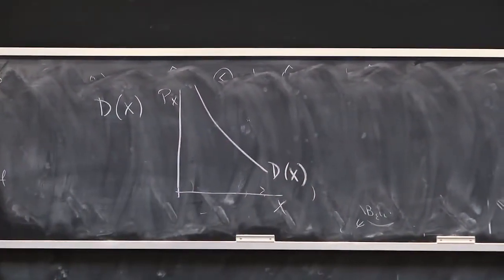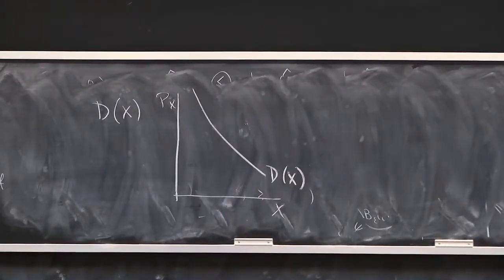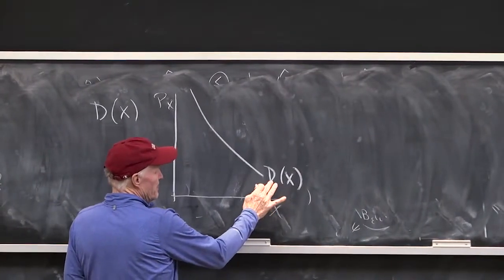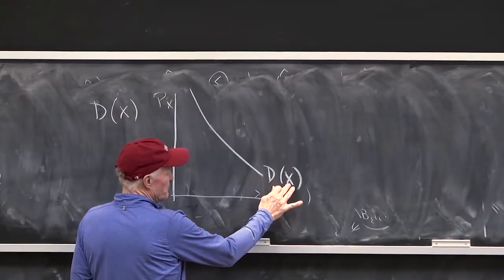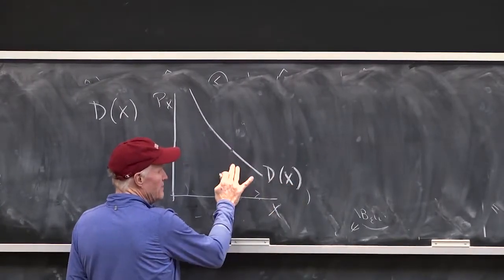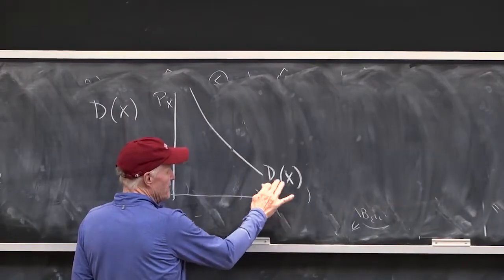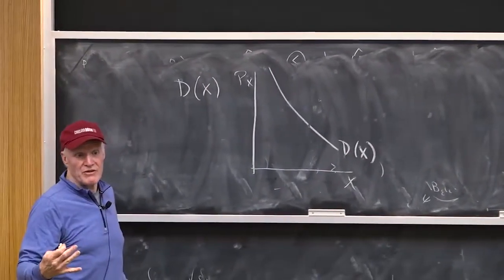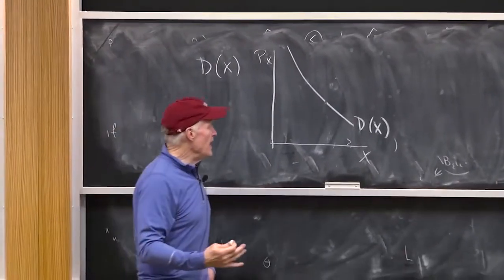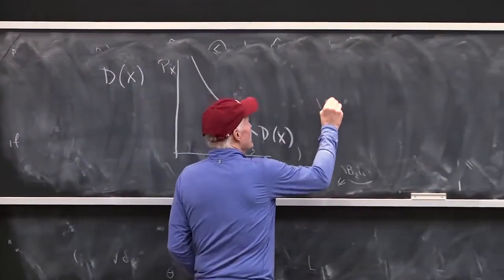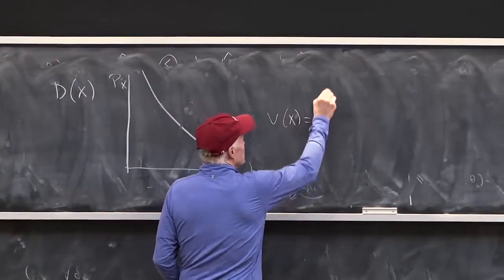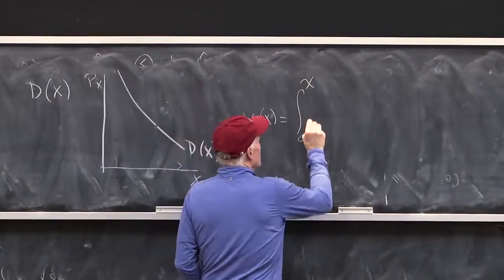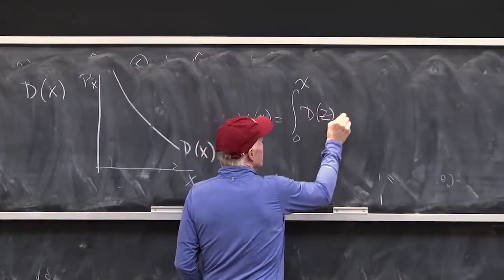So this is an inverse demand function, right? Because if it's a function of the quantity, this gives you the height of the demand curve at a given point for a given quantity x. Think of that as a marginal value schedule. Then you can define v of x equals the integral from 0 to x of d of z dz.